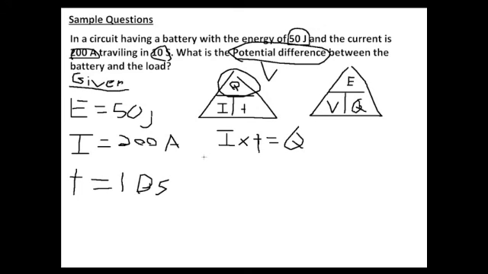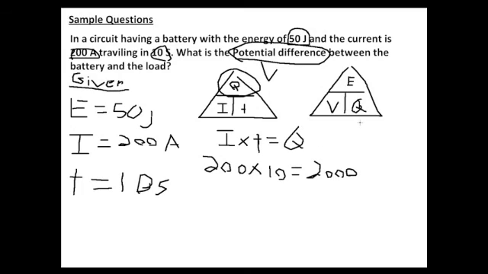So we'll plug in our information. 200 times 10 seconds equals 2000 charge. So now we know that Q equals 2000.